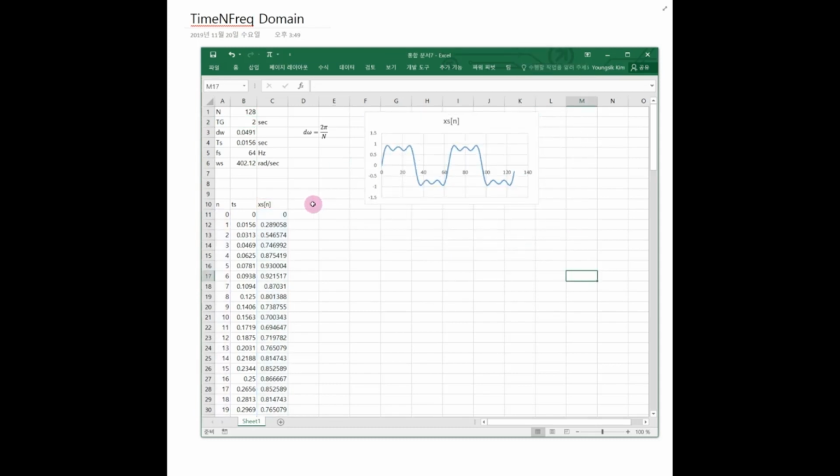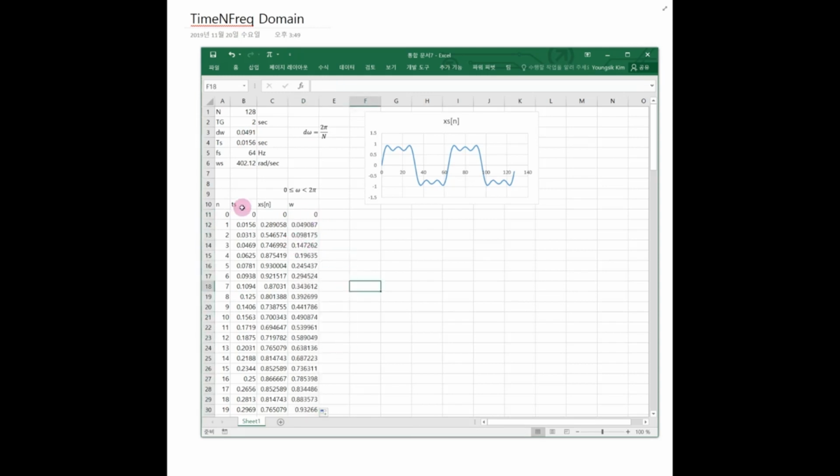And the next one is to find out the frequency step. Frequency, at this moment I would like to plot that one from 0 to 2 pi in between here. So omega corresponding to this area. The omega can be given, it's quite similar to Ts. This is the n times the frequency step, as we have done in the time sequence.